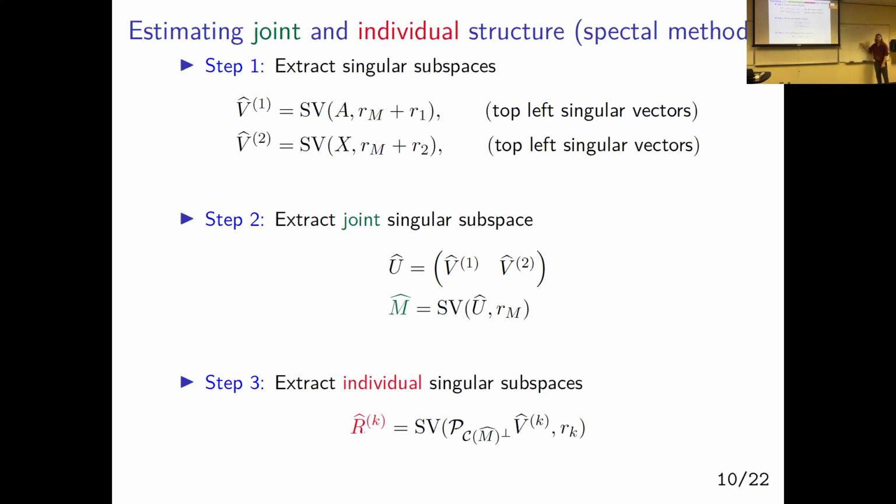When you project onto the orthogonal complement, the joint part gets killed, and then R1 and M are orthogonal, so that won't do anything. You'll just have 0 and then R1. So when you take the top singular vectors, the only thing with signal in here is the individual. That's the idea behind taking the top singular vectors after killing off the joint. All right, cool.